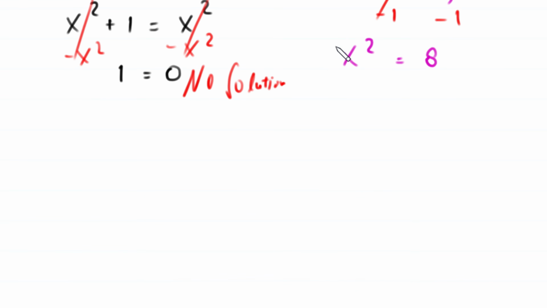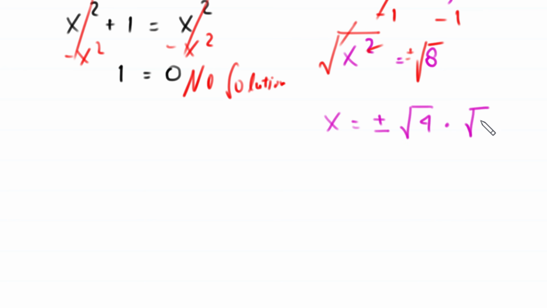Now we take the square root of both sides. The square cancels out with the square root, and we are left with x equal to plus or minus root 8, which is the same as root 4 times root 2.